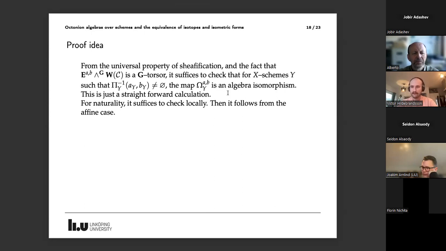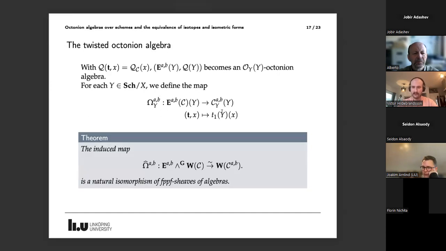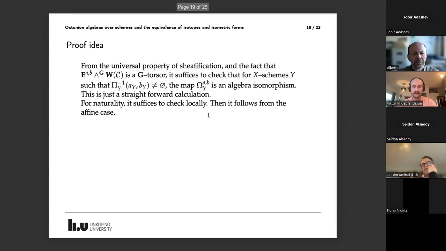And then it's just a straightforward calculation showing that this is an isomorphism. And for naturality, it follows from the affine case, since naturality is a local property.